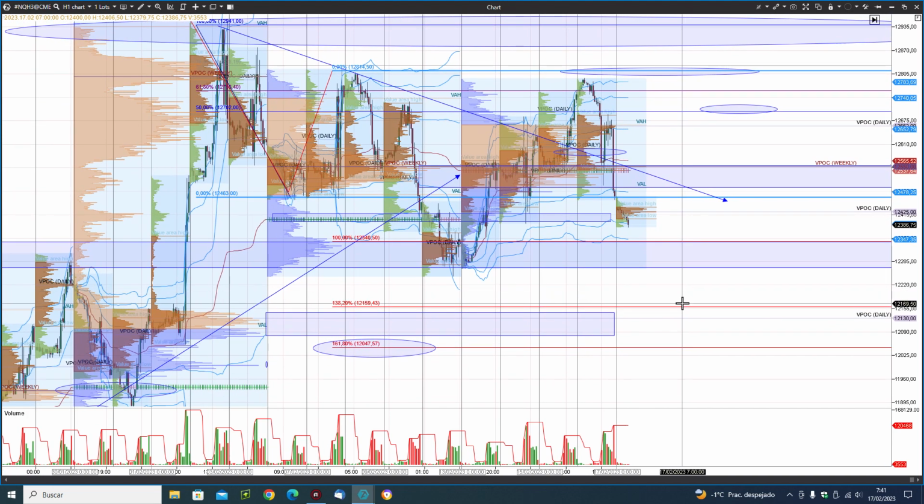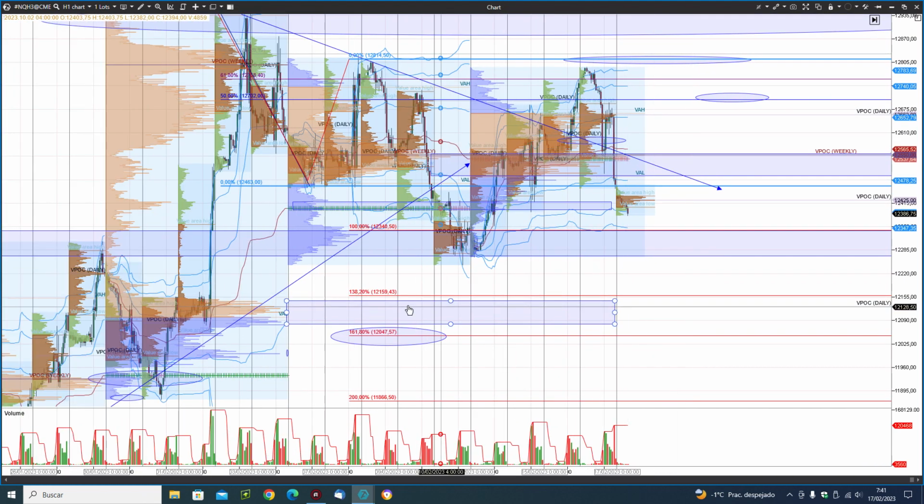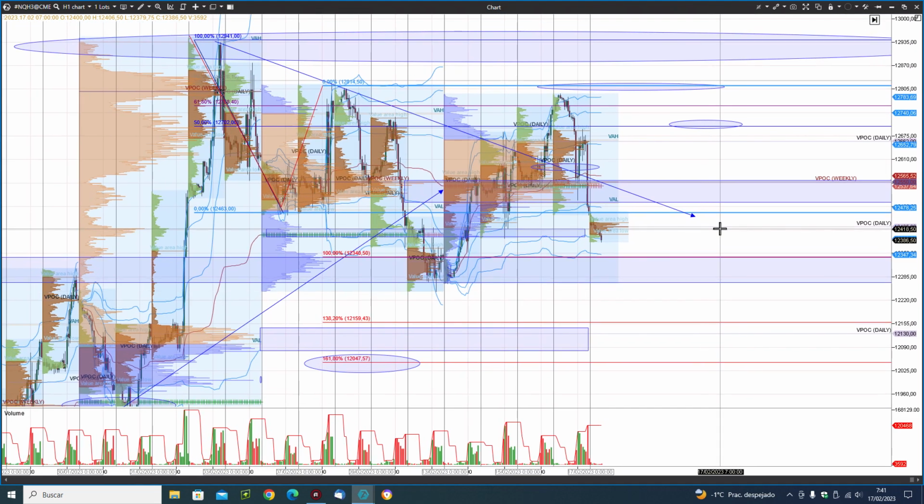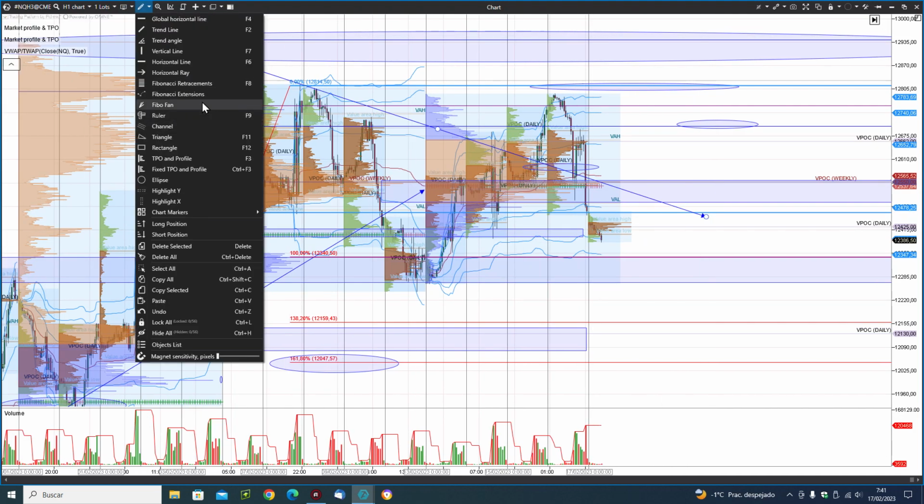Second step would be this high volume node with a max here at 12,128. Well, this rectangle, because it's a diffuse zone, so it could be the lower targets.